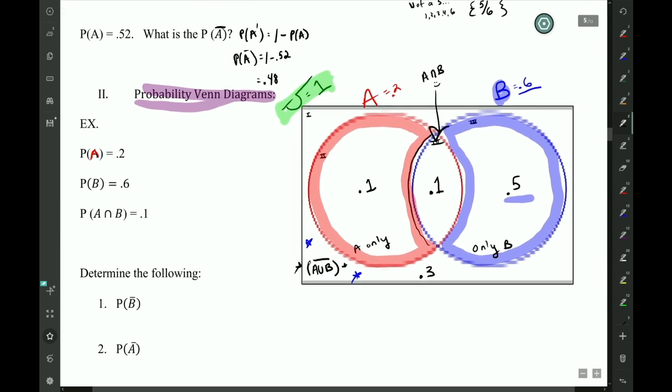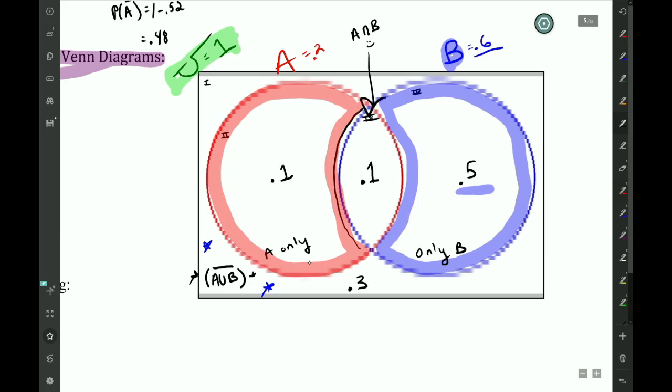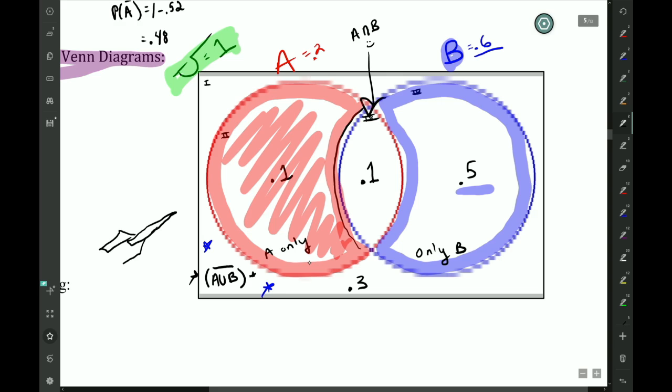I kind of like to think of this as a dartboard. If you're throwing darts and you have the opportunity to either hit the red side or the blue side, let's draw a little dart here. We'll feather it out here. The probability of throwing a dart and it landing in the red only is 0.1.